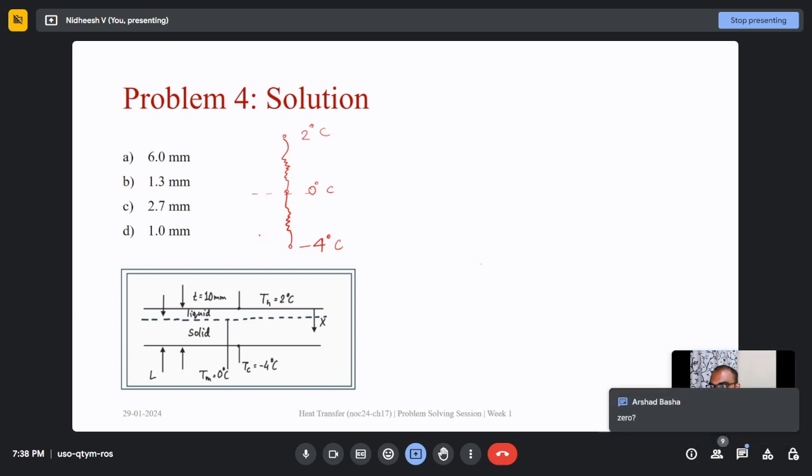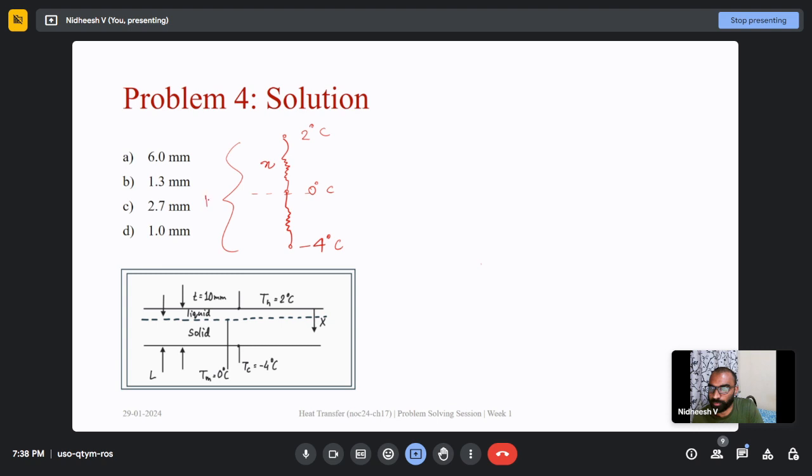0 degrees Celsius minus -4, whole divided by the thickness. The total thickness is 10, so if the unknown thickness is x, it is 10 minus x divided by the thermal conductivity of the solid. That is equivalent to 2 degrees Celsius minus -4 degrees Celsius divided by the total thickness 10.